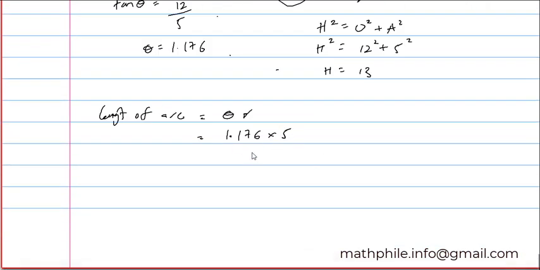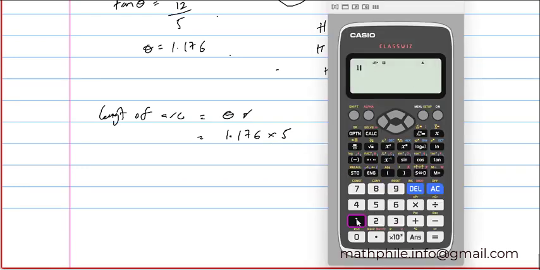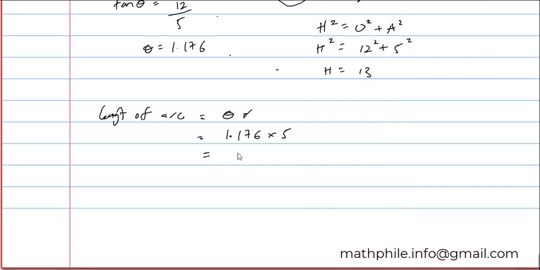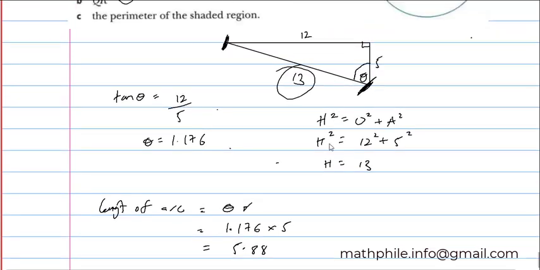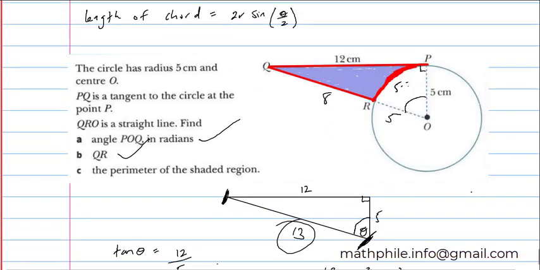So 1.176 times 5, what will you get for that? That will give you 5.88. So it means that this side is 5.88.